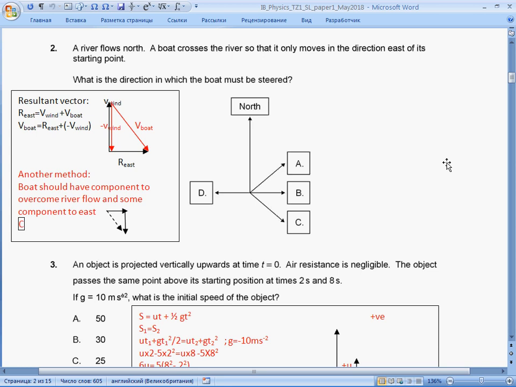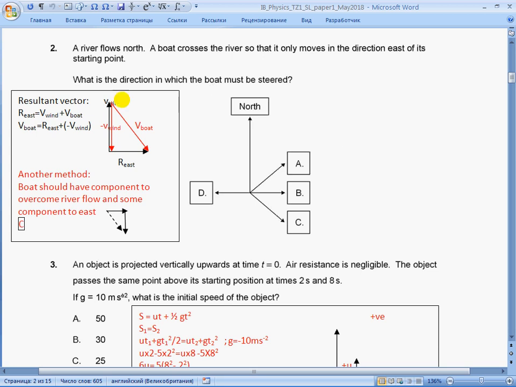Next question. A river flows north. A boat crosses the river so that it only moves in the direction east of its starting point. What is the direction in which the boat must be steered? Here we have to use addition of vectors.